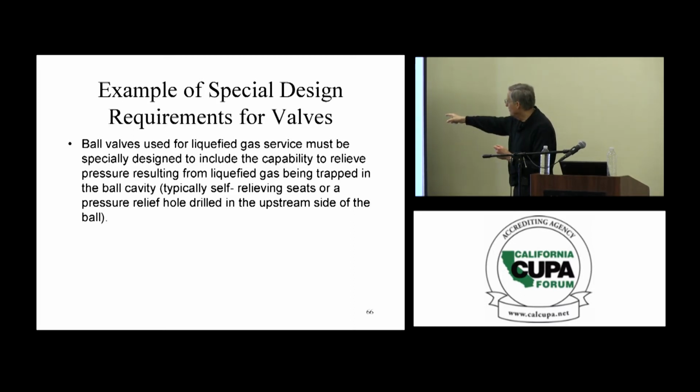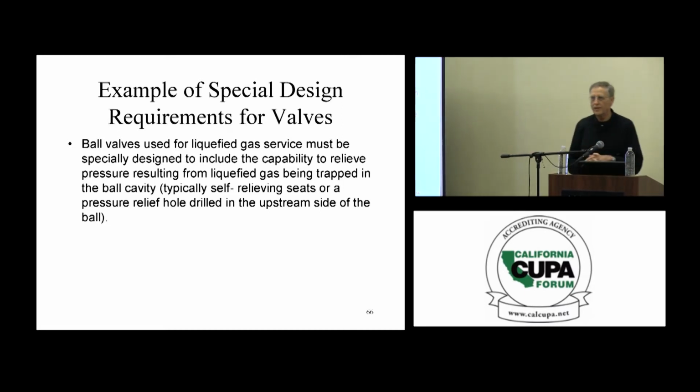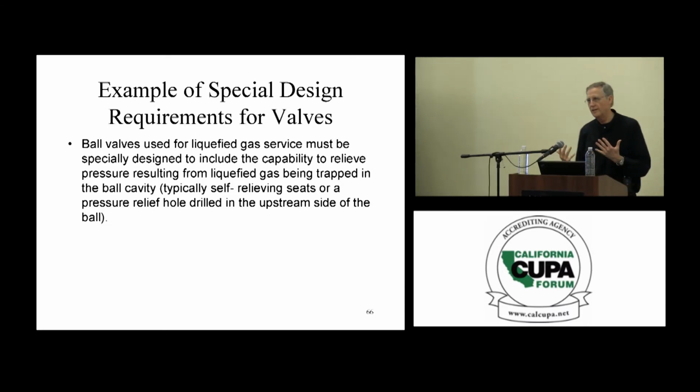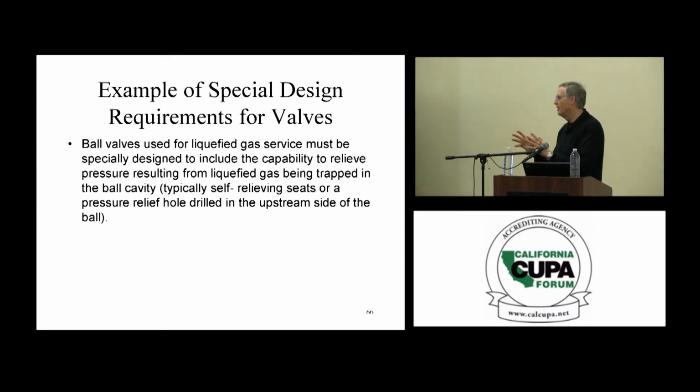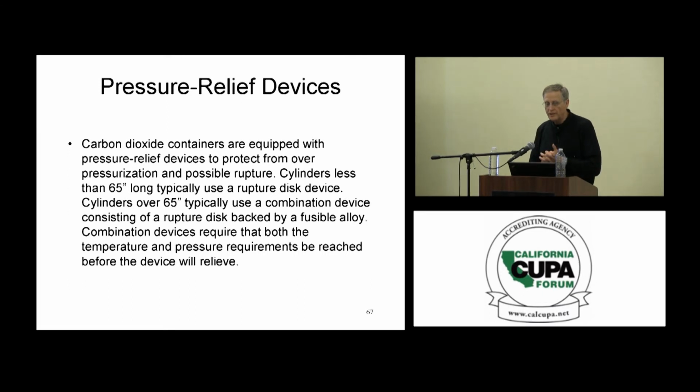So typically self-relieving seats or a pressure relief hole drilled in the upstream side of the ball. You don't want to trap liquefied gases anywhere where they won't be relieved by a pressure relief or where the vessel isn't designed to take that pressure.